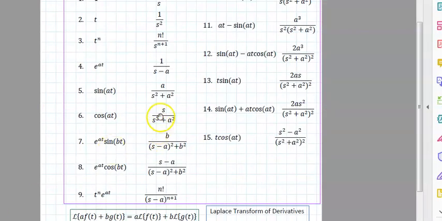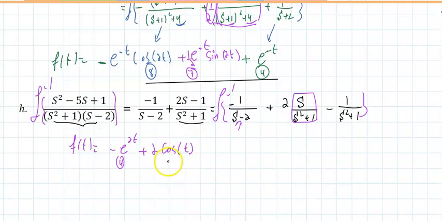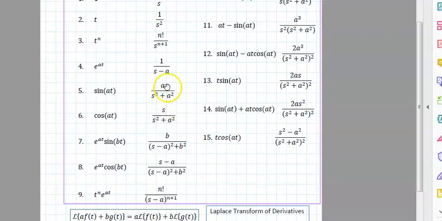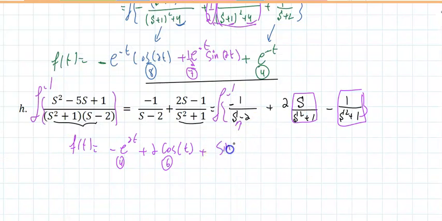And what is that? Cosine of what? That's 6. Plus, and if I apply the Laplace on this, a number over, so those have to match. In this case, they do match, right? S squared plus 1 squared, so a is 1, the sine of 1t. And that is 5. And that would be my final answer.